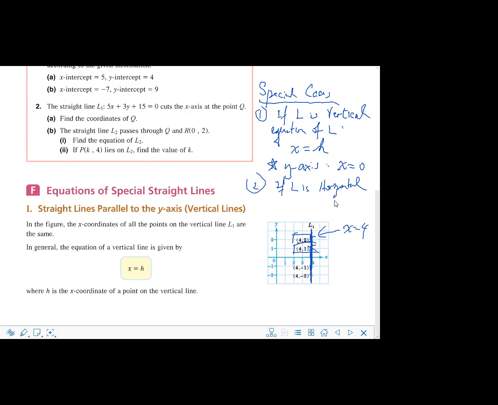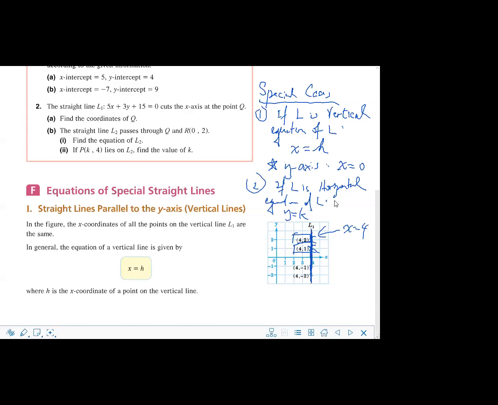then the equation of L will be y equals number. Okay, y equals k. It depends on how high or how low that straight line is. Okay, if it is above the x-axis, then k will be a positive number. If it is below the x-axis, then k will be a negative number.